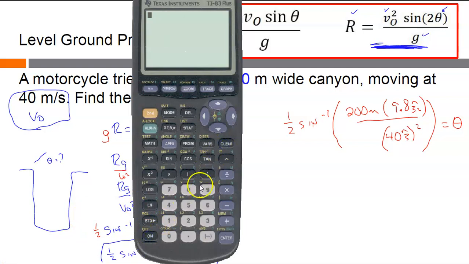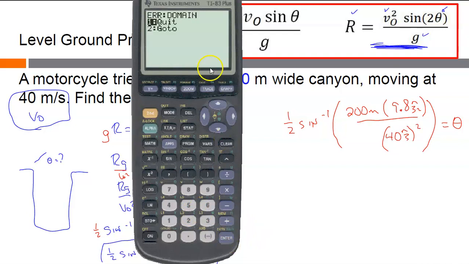In fact, let me just show you what happens when you do that. I'm going to put in a 0.5 for the 1/2. Arc sine, I hit second sine. Right here I go 200 times 9.8 divided by 40. And I'm going to not square it here on purpose. I'm doing this wrong, so don't do this. But that's what happens.